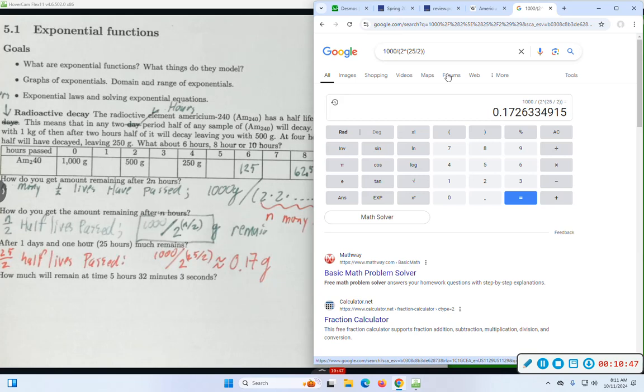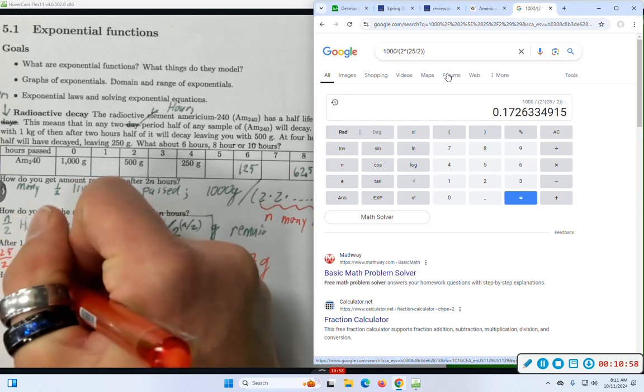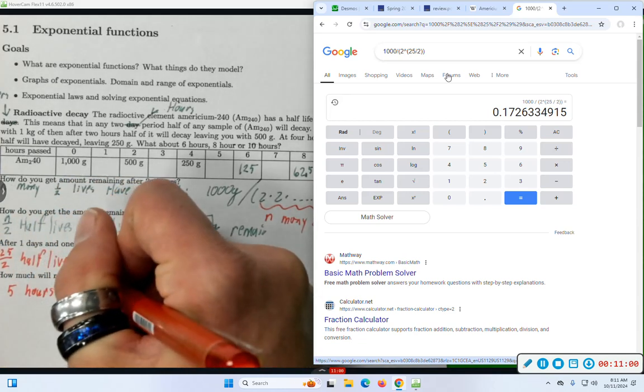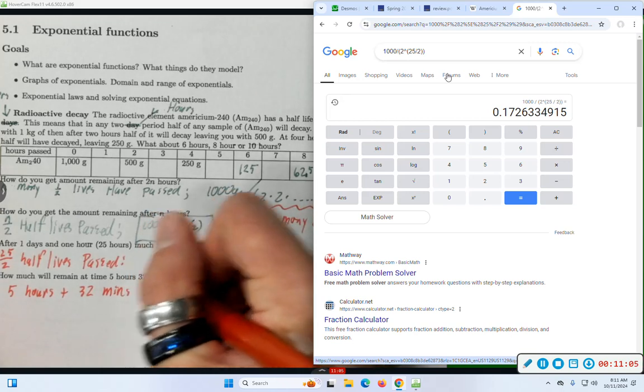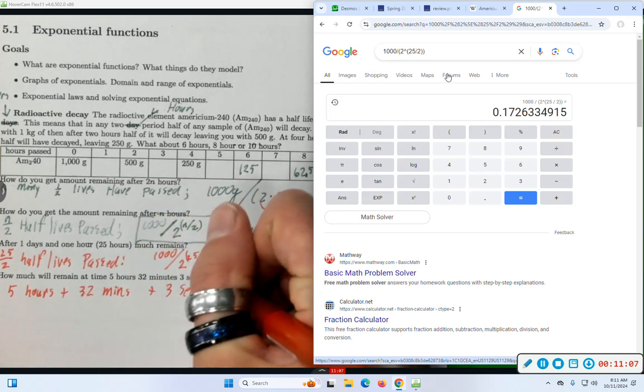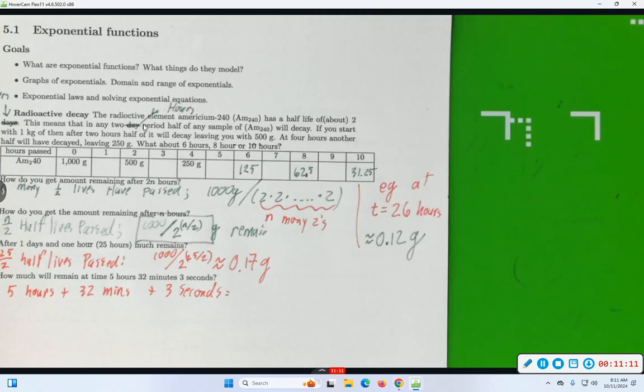How do you compute how many hours that is? Let's start with the 32 minutes. How many hours is 32 minutes?